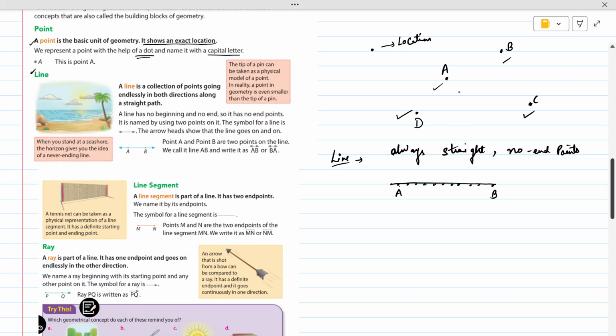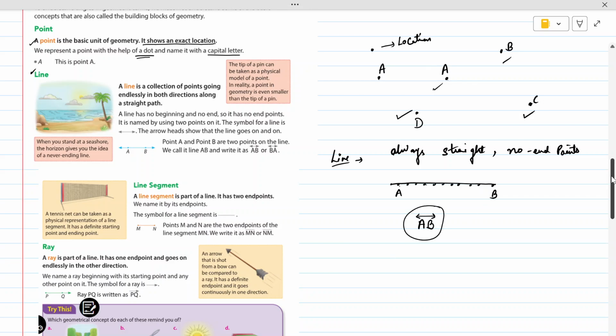Like in the case of the dot, we were writing the dot and then the name A. So here we represent this line as AB, and on top of it we have to draw a line having arrows at both the ends, which shows that these are not the ends, but this is continuous in both the directions. So this is how we represent line AB.